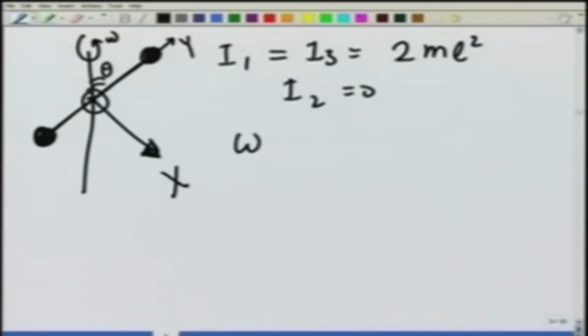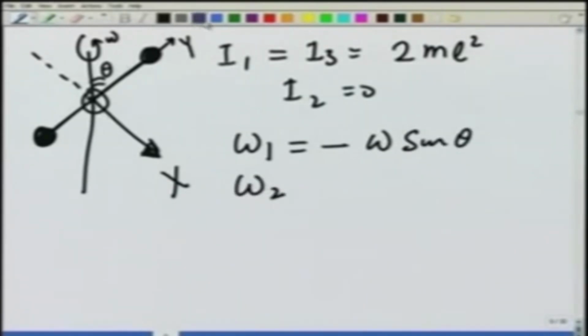So, omega 1, you can see, is going to be in this direction, equal to minus omega sine theta. Omega 2, along the y axis, is going to be at this point omega cosine theta, and omega 3 is 0.